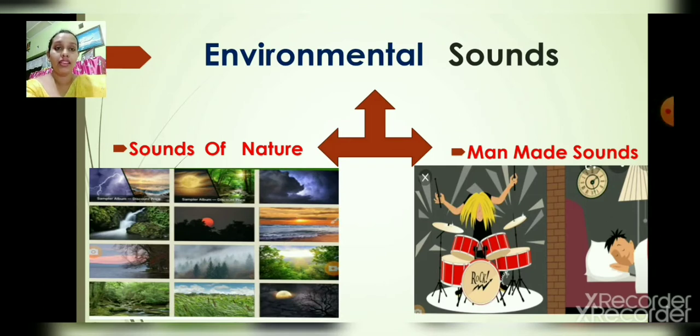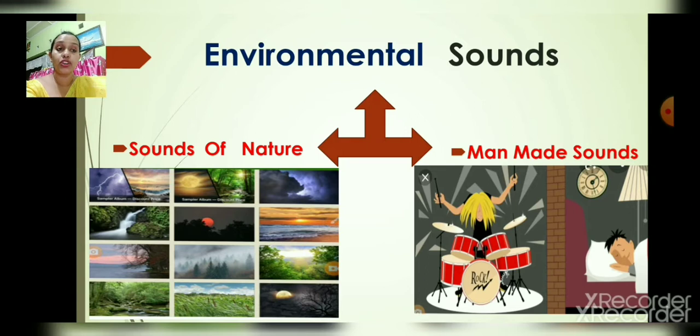In this slide, I have divided the sounds into two categories, that is, sounds of nature and man-made sounds. Under the sounds of nature, I have given you some examples. Look at the picture carefully, observe them carefully. And under the man-made sounds also, I have given you some examples.